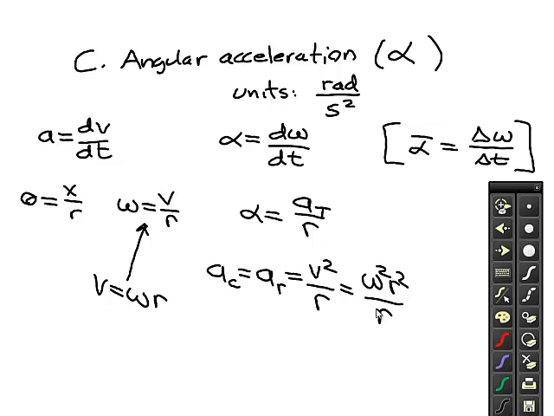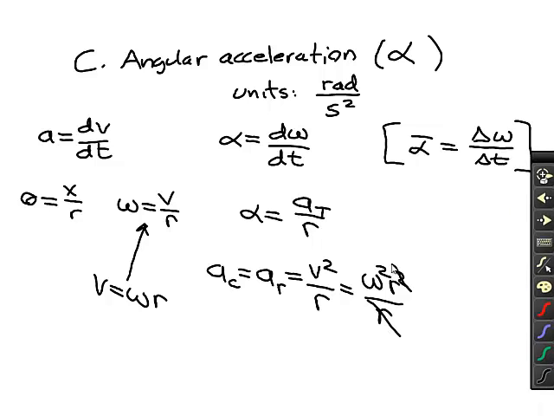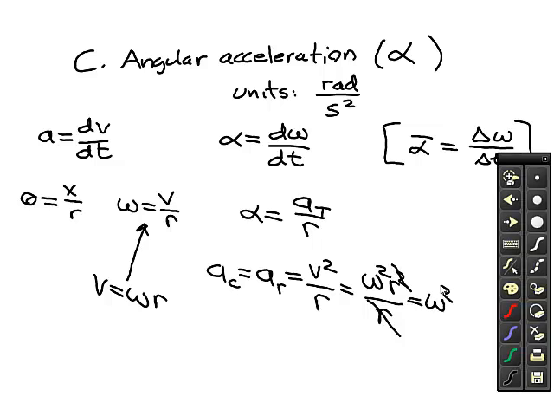All I did is replace the v with omega times r. But look, I got an r squared on top and an r on the bottom, so it's omega squared r. So one way to say radial acceleration is v squared over r. Another way to say it is omega squared times r.